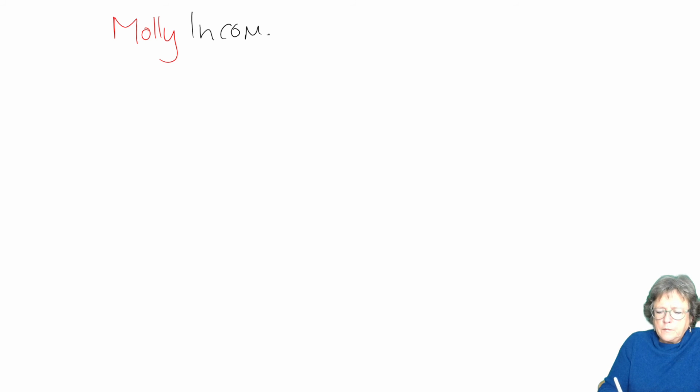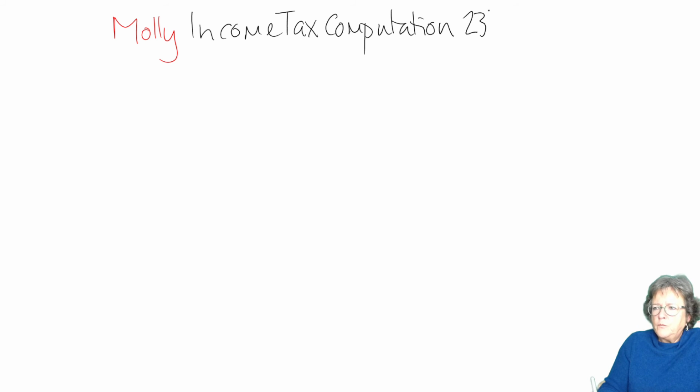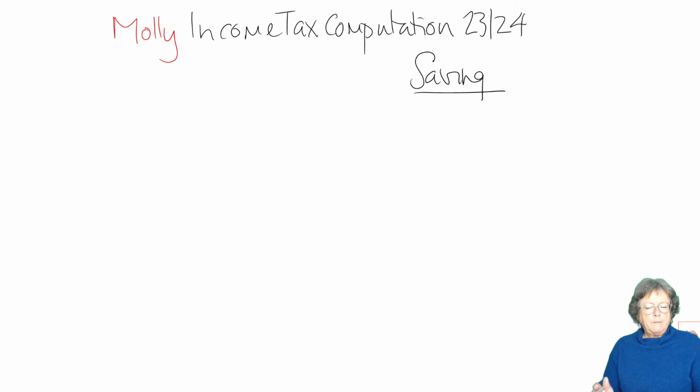So we are looking at Molly. Ooh, red. Let's go back to black. Molly, income tax computation, 23, 24. Now I'm only going to do a savings column because it's the only income she's got. Okay, so there's no point putting all of them in. If you want to, that's fine, but you don't need to.